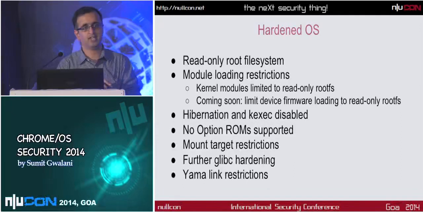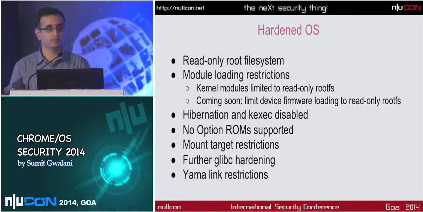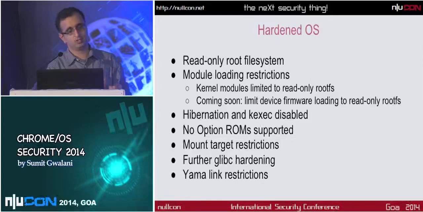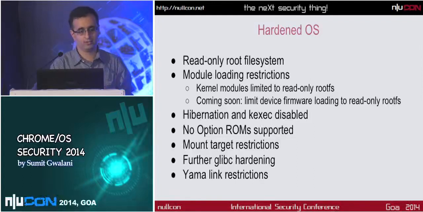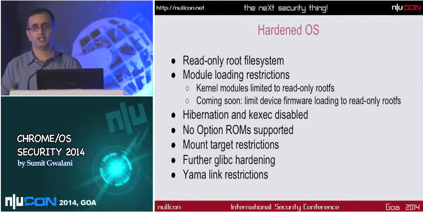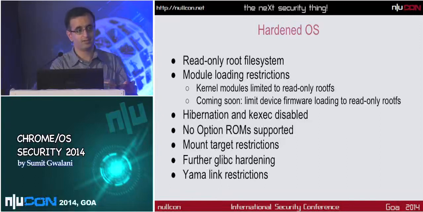The idea was to ensure that we have a completely read-only root file system. Most users, once the operating system is done, they don't need to go ahead and modify or make changes to your core where the OS is. So you can make it a read-only root file system. You can also ensure that if kernel modules are loaded, they are not loaded on the fly by an attacker, but they're only loaded from the read-only root file system. Right?